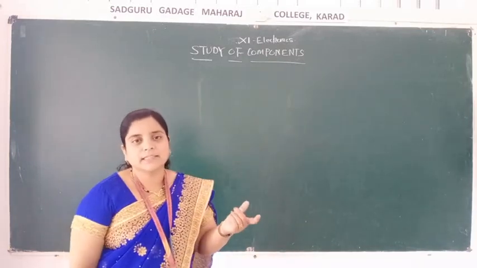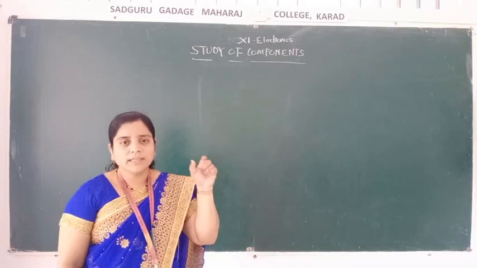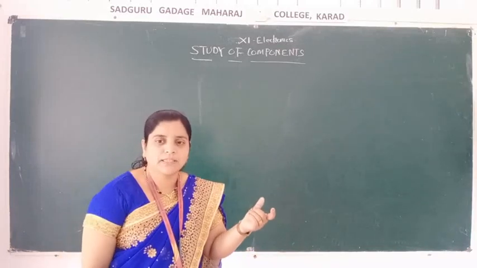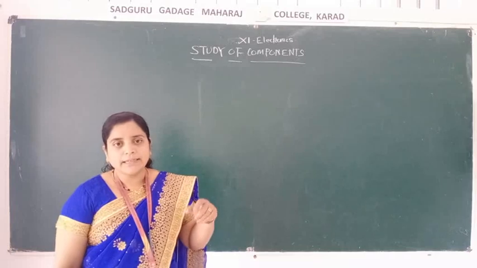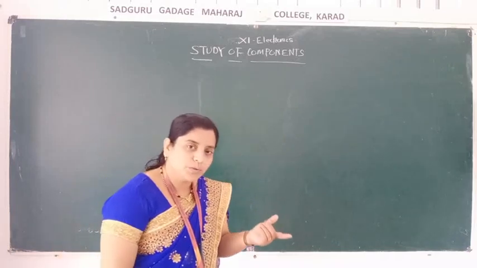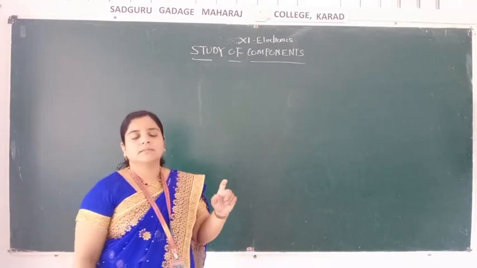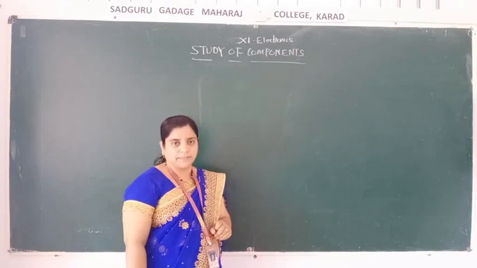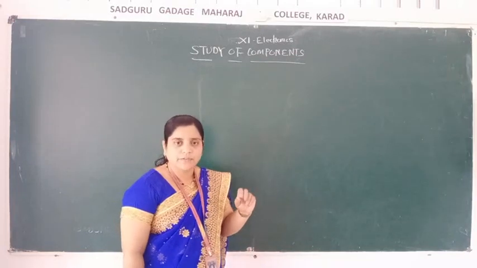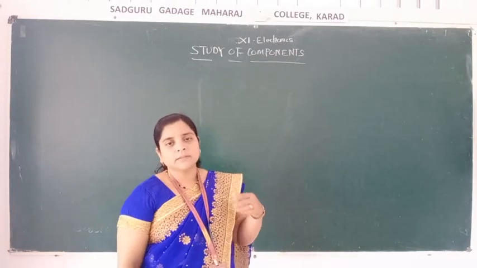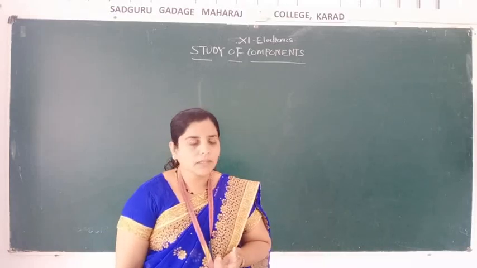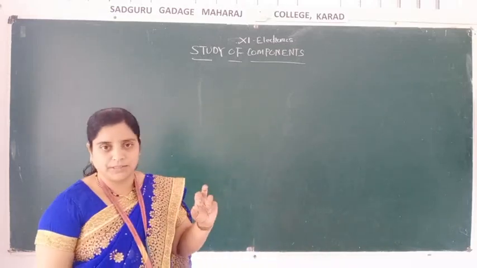Then we studied the capacitor. What is a capacitor? The definition of capacitor, its types, its unit, the function of capacitor, and its construction. Then we studied how to measure the resistor.